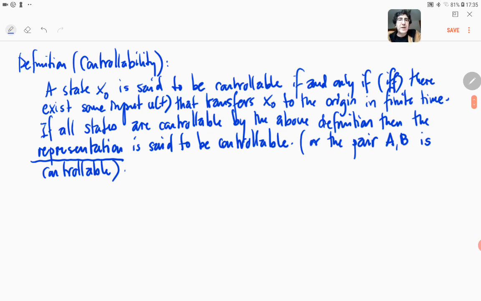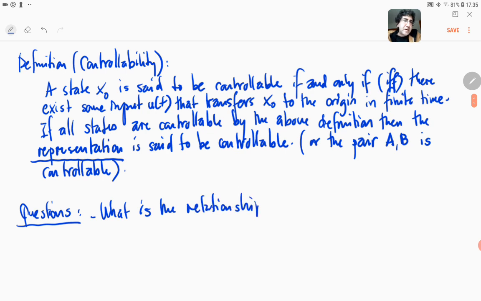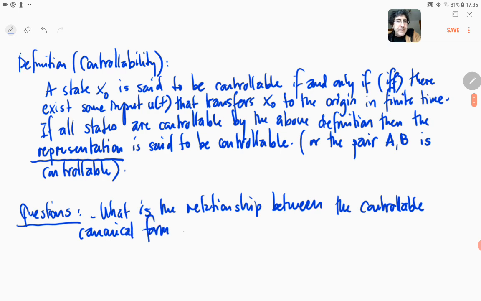So some questions to think about. One question is, what is the relationship between the controllable canonical form and controllability?